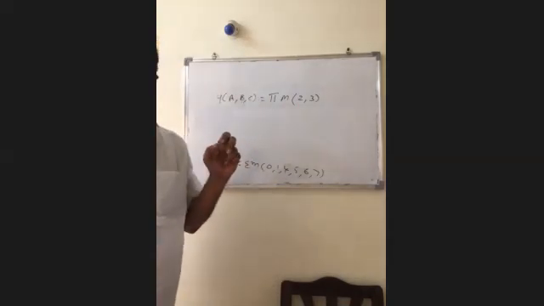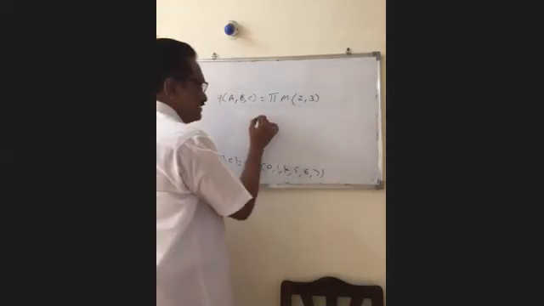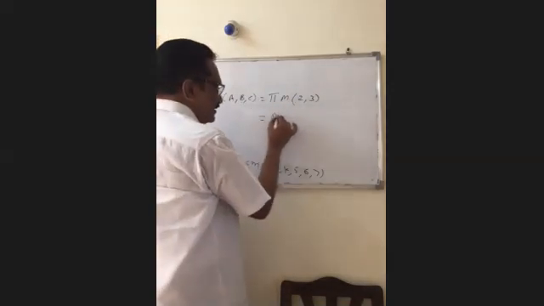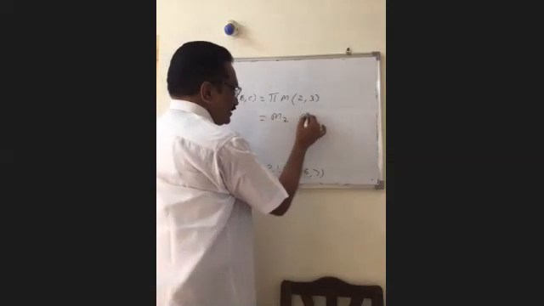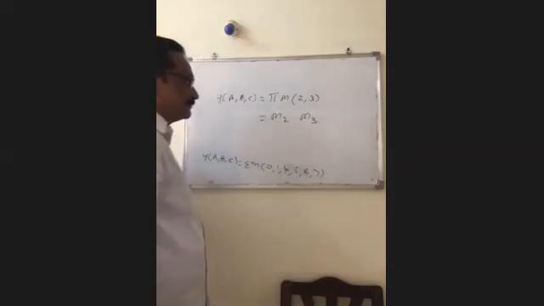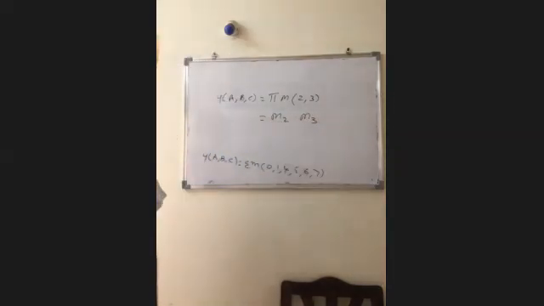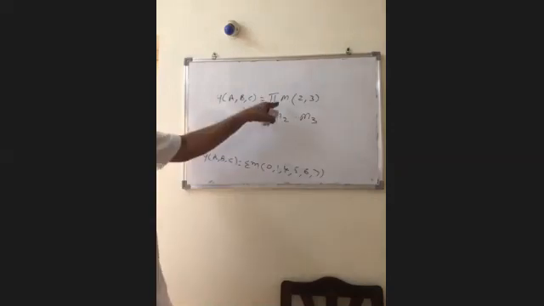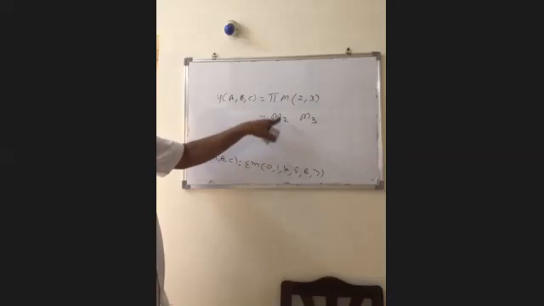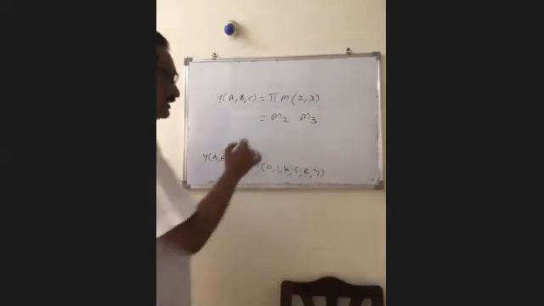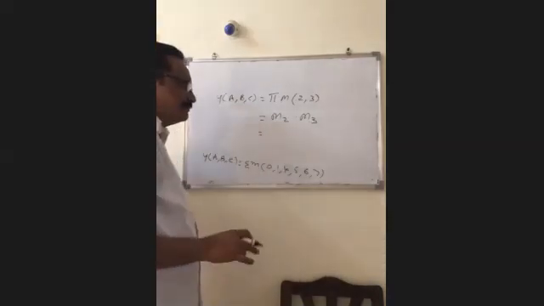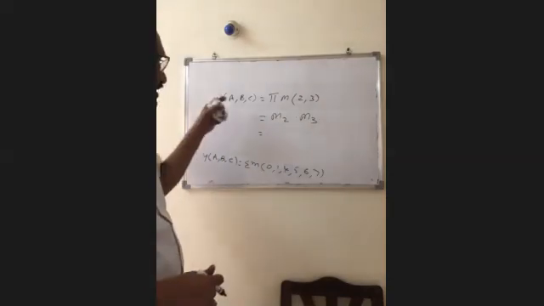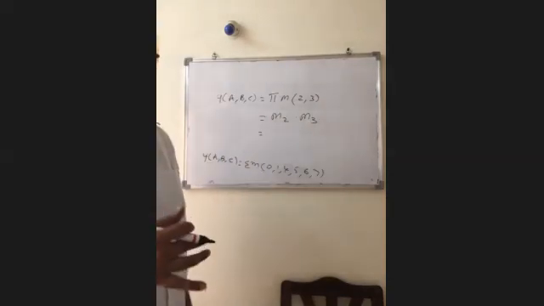Canonical POS expression. In other words, it is the same as M2 into M3. Capital M means maxterms, pi means product. So M2 into M3. Here the variables are A, B, C. What is the maxterm M2?